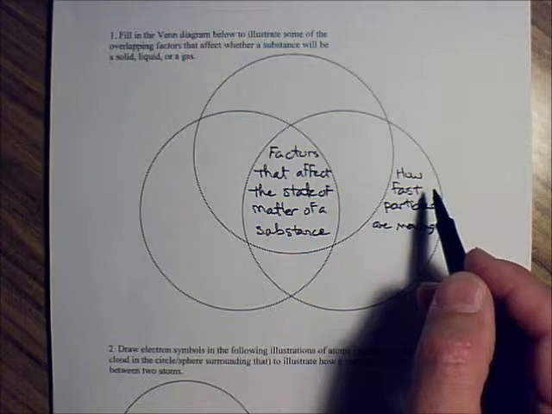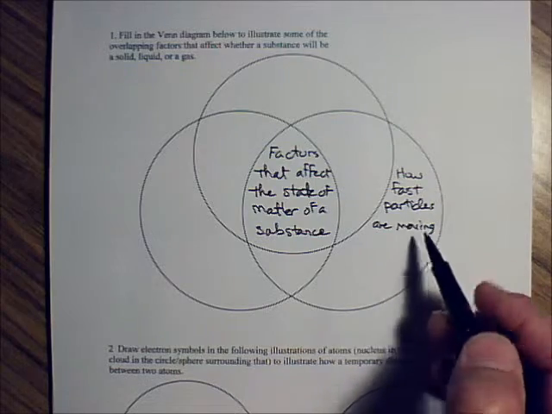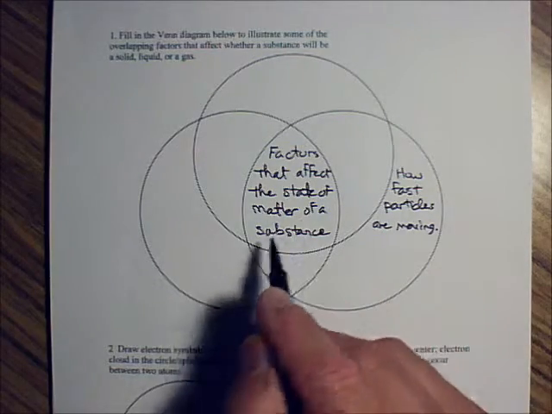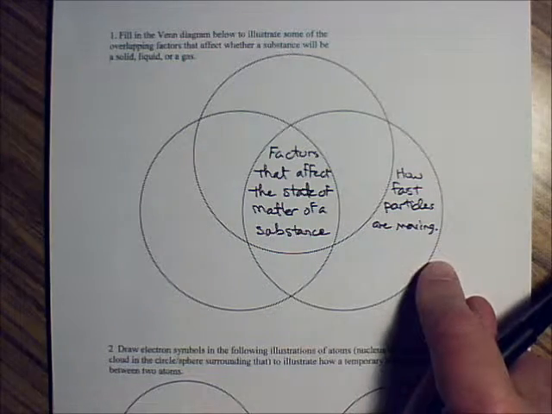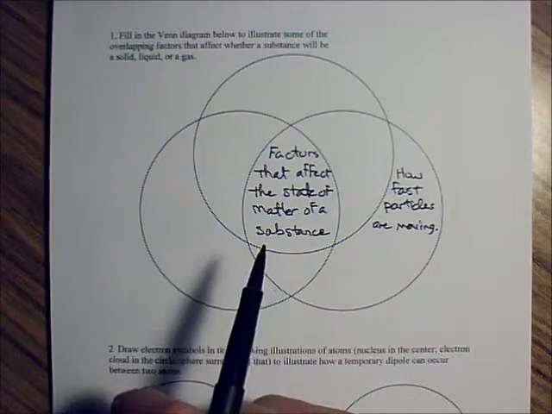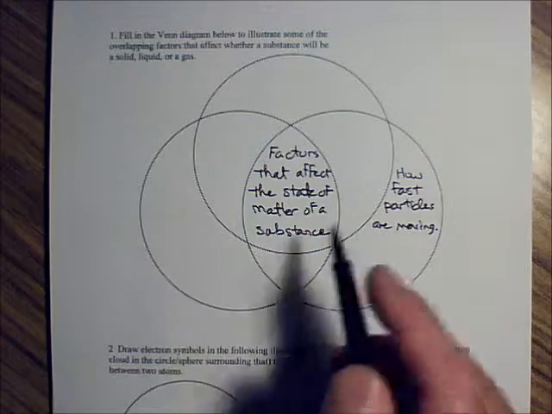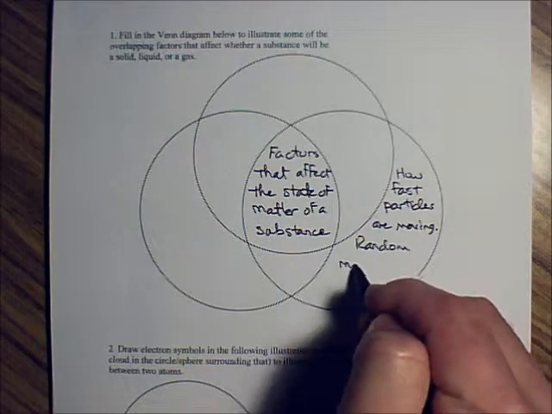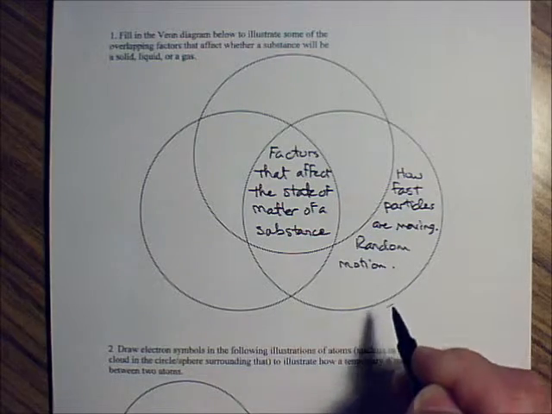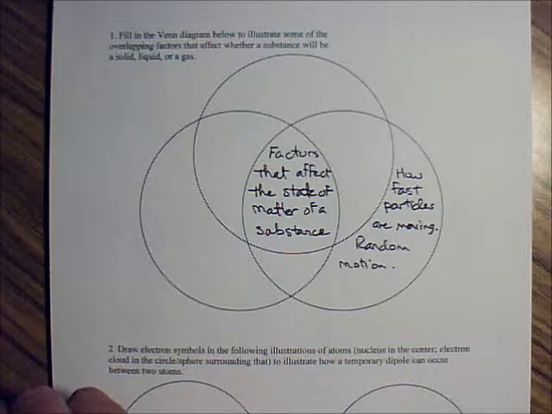This is random motion, not just moving in a direct straight line. If all the particles are moving in the same direction, that is not the kind of particle movement we're talking about here. So this is random motion. And random motion defines temperature.